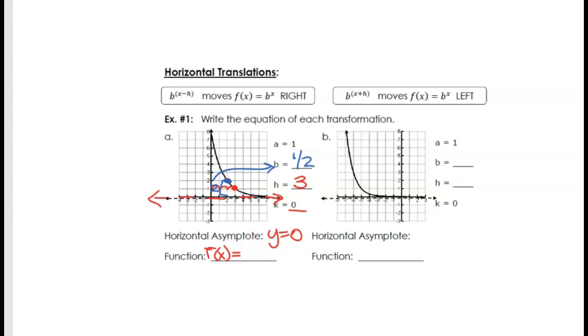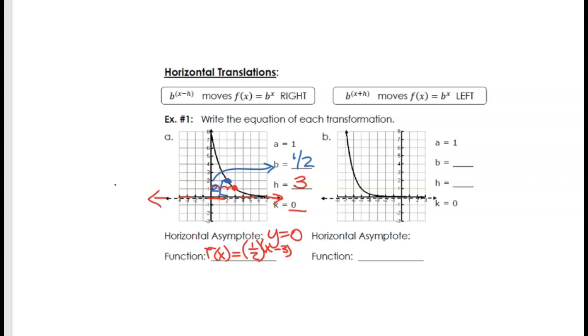It's okay to put it in parentheses. So I'm going to put my base, 1/2, raised to my exponent of x, but it's x what? Minus 3. So my h value is 3, and I want to do the opposite. And I don't have anything that I'm adding or subtracting at the end because my k value is 0, so that's it. Is this okay?